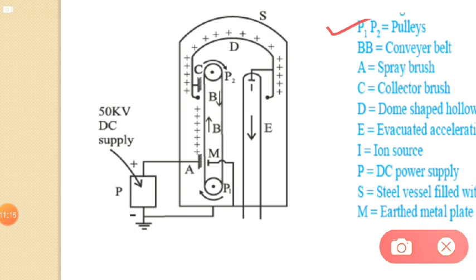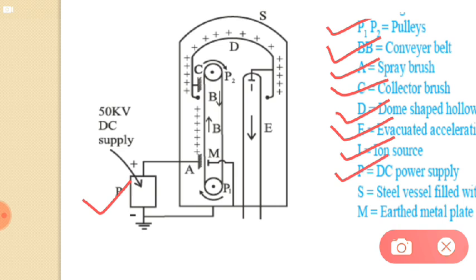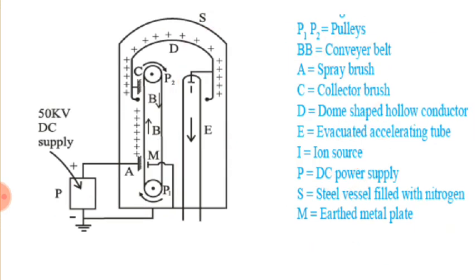Suppose P1 and P2 are the pulleys, a belt is there, and 2 kinds of brushes are there, one is the input and another is the collector. The dome you can see over here has a positive charge, an ion source is there, a DC power supply is there, and a steel vessel which is enclosed with nitrogen, and M which is earthed. Now I will explain what these terms mean.